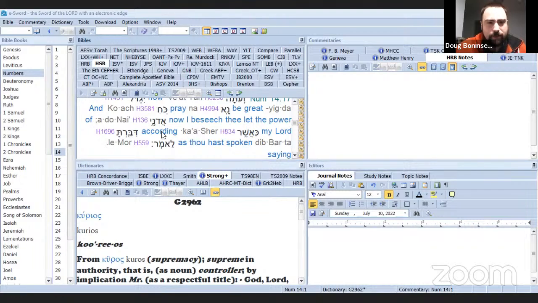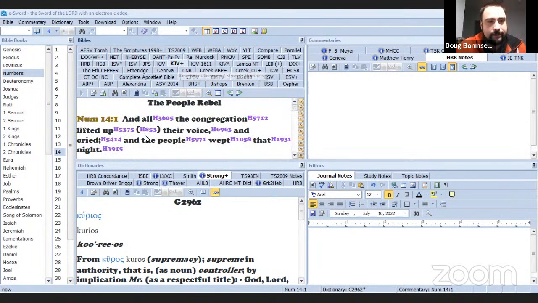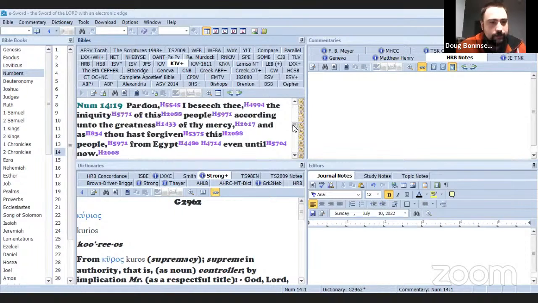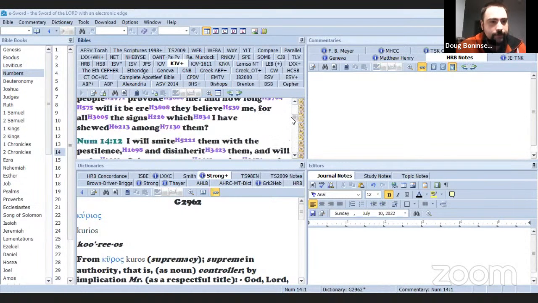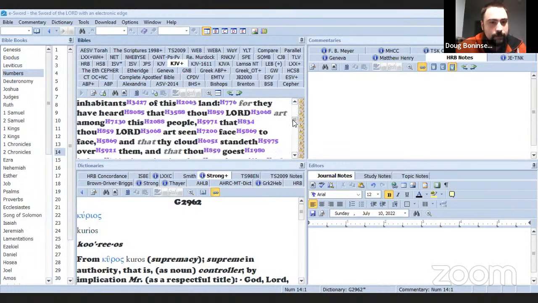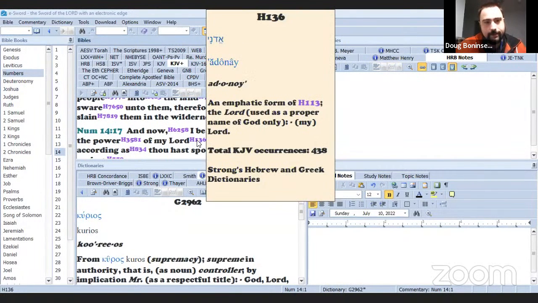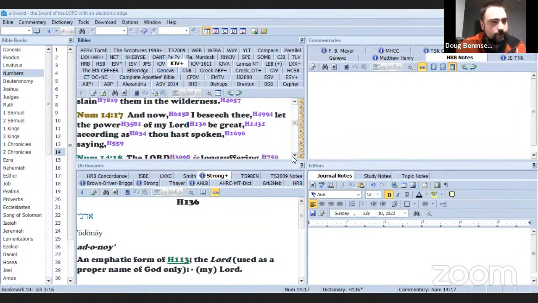For some reason, there's no Strong's there. It's weird. Usually the interlinear doesn't do that. Usually they have the Strong's there. So that's very sketchy that they didn't have it there. Here we go. That's what I was trying to find. For some reason they didn't have the Strong's in the Hebrew interlinear there.